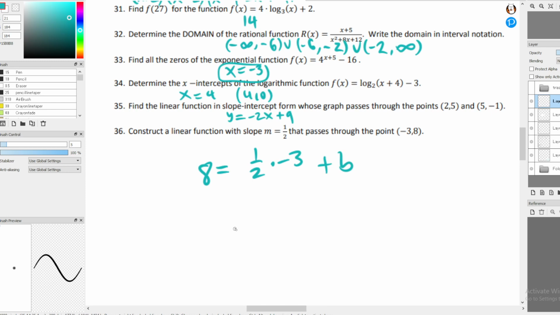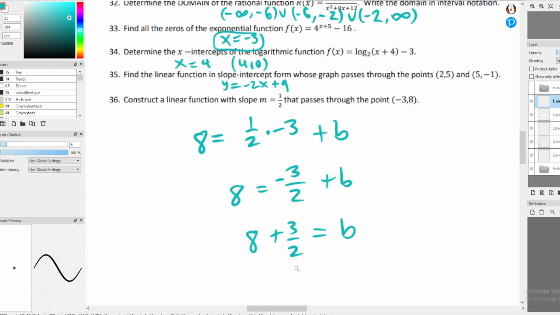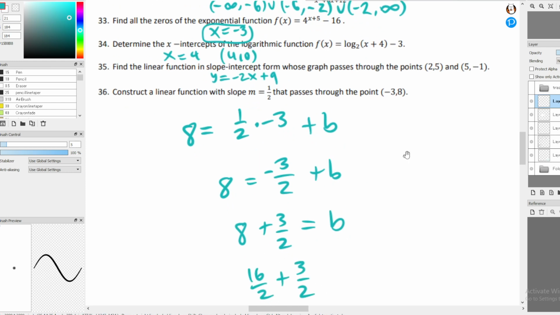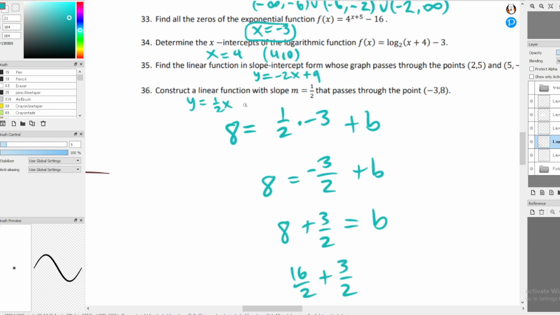So we'll get 8 equals negative 3/2 plus b. We'll add 3/2, so we'll get 8 plus 3/2 equals b. 8 is the same as 16/2 plus 3/2, so we'll get 19/2 for our y-intercept. So our equation will be y is equal to 1/2 x plus 19 over 2.